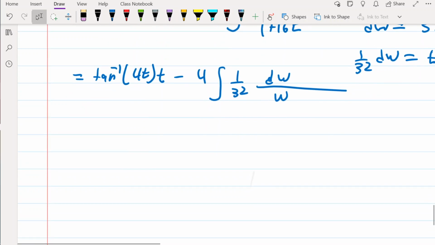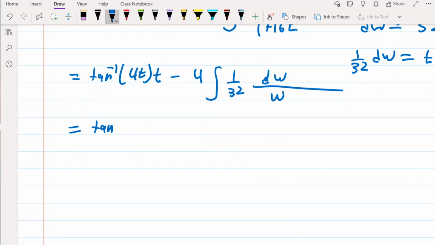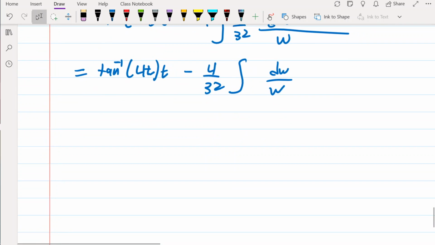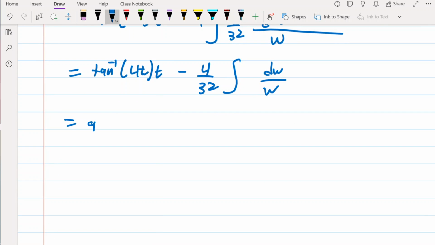We get to pull out the 1 over 32, times the integral of dw over w. Then we've got arctangent of 4t times t minus, and we'll simplify that, so that will be 1 over 8 times the integral.